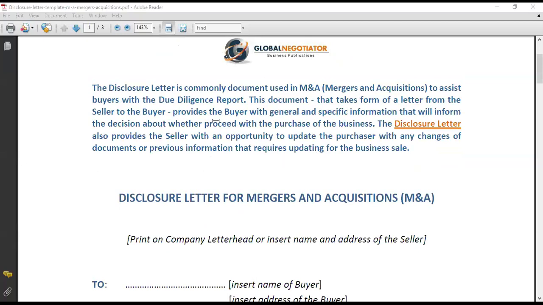So the seller here is the target undertaking, and the acquiring undertaking is the buyer. So the target undertaking is Mabati Steel. So it's from Mabati Steel to Steel Kenya.